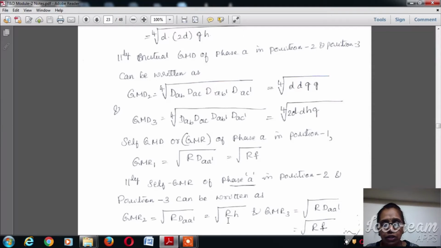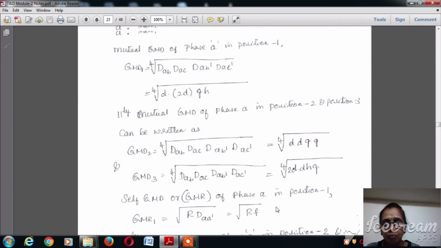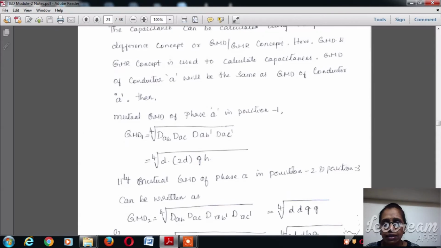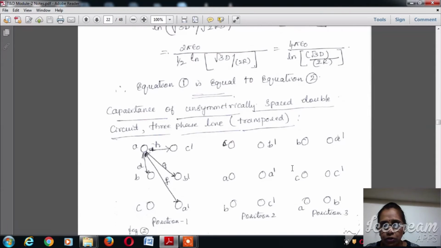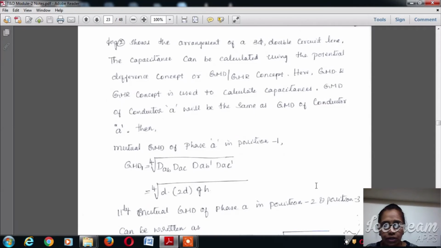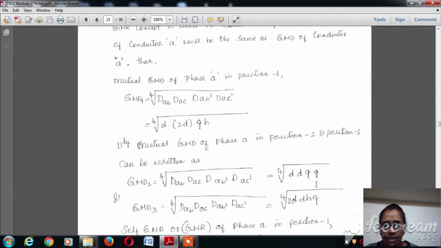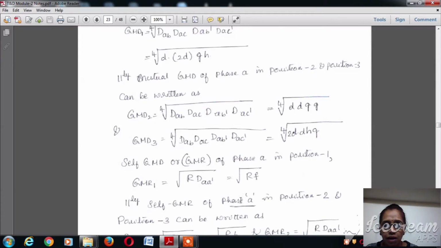In position 2, DAA dash is H, and in position 3, the distance AA dash is F. So GMR3 is equal to the square root of R into F.